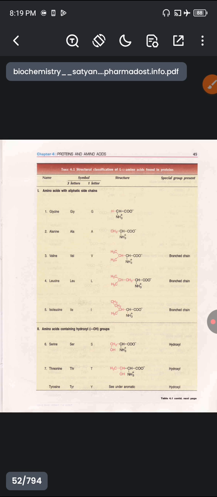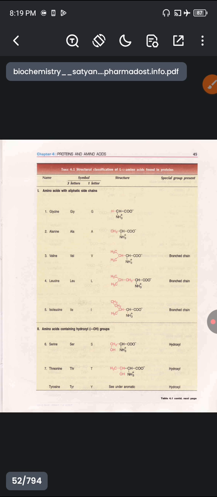So in our last class we saw the introduction to amino acids and protein. We saw the standard amino acids, where more than 300 amino acids occur in nature, but only 20 are known as standard amino acids.